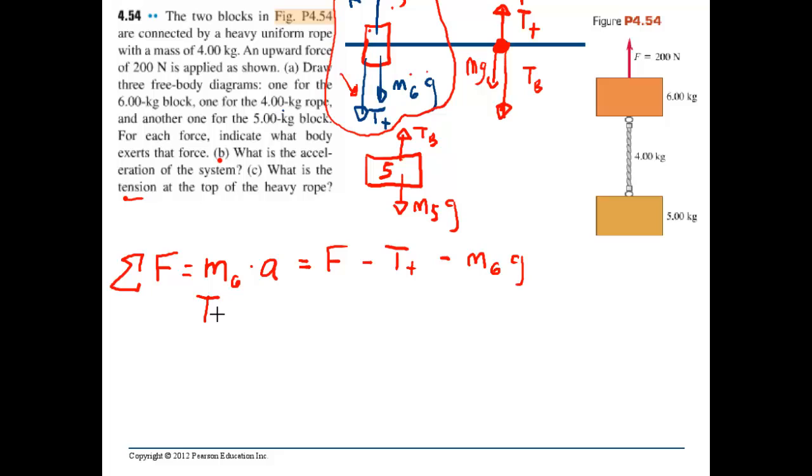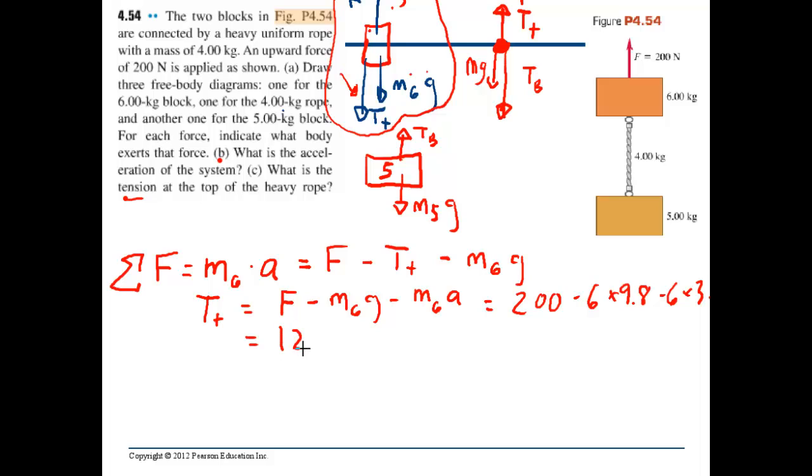So I can write the tension at the top of the rope to be equal to the force minus the mass of 6 times gravity minus the mass of 6 times the acceleration of the 6 kilogram block. So that's going to be 200 minus 6 times 9.8 minus 6 times 3.53. So the tension at the top of the rope is going to be 120 newtons.